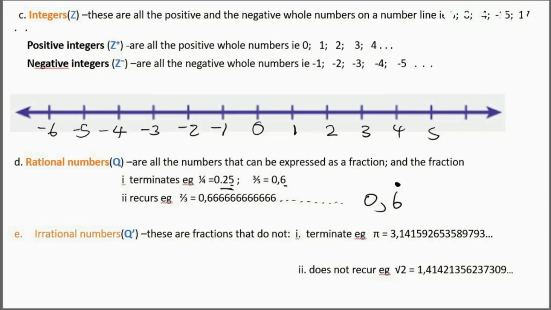The 1.4142 and so on is not like in the case of 2/3, where the 6 is repeating itself. So irrational numbers do not terminate and they do not recur.